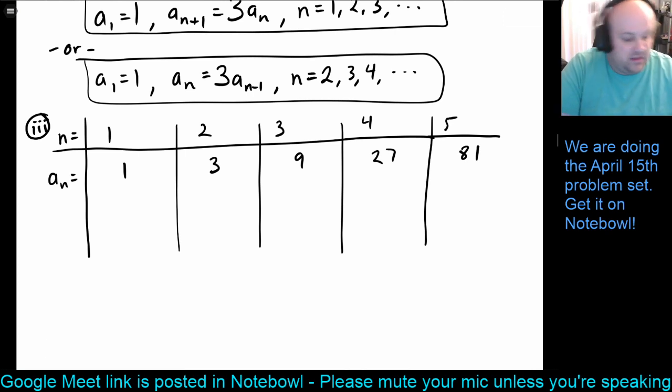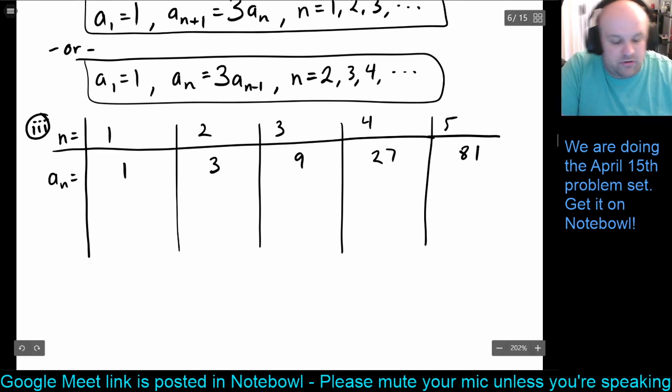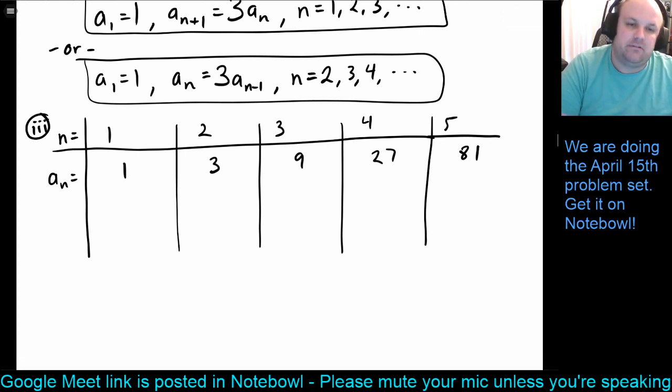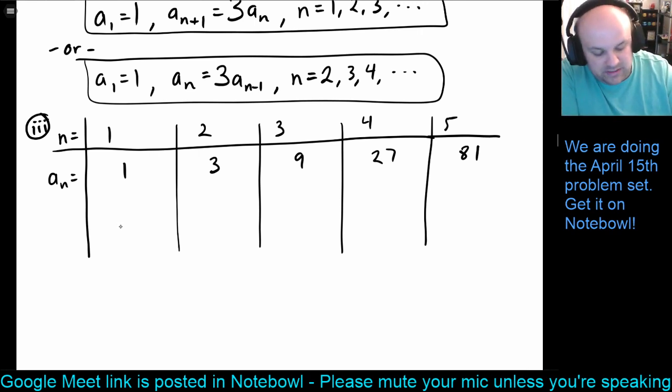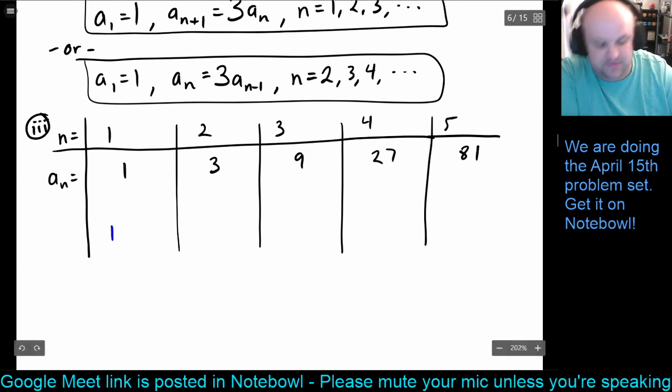And then what I want to do is try and break down the pattern as simply as I can. I just want to write out how I move from one term to the next, without simplifying anything. So here we just have 1, this first term.